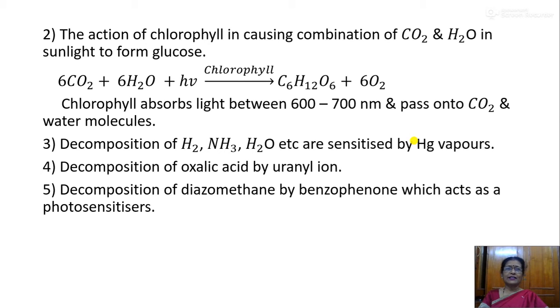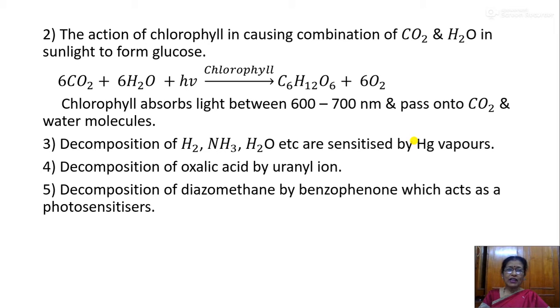The second example is the action of chlorophyll in causing combination of carbon dioxide and water in sunlight to form glucose. Six molecules of carbon dioxide, six molecules of water and photons, under the influence of chlorophyll, give you glucose plus liberation of oxygen molecules.